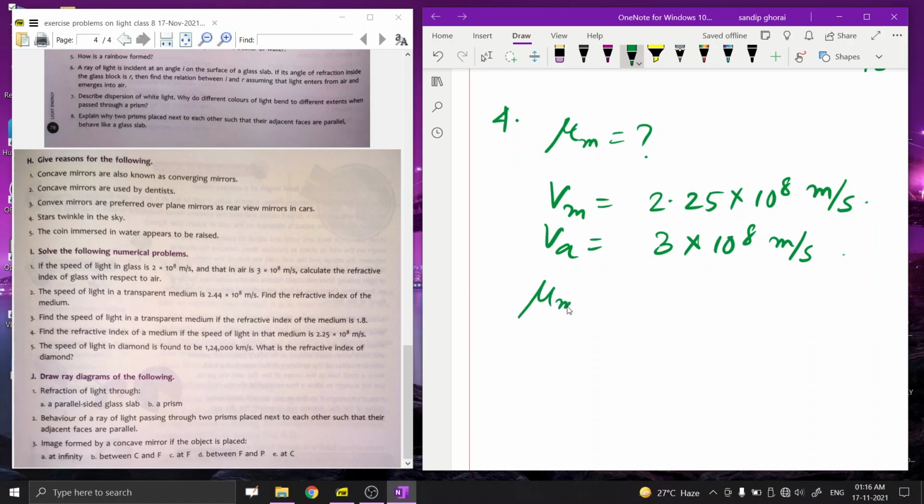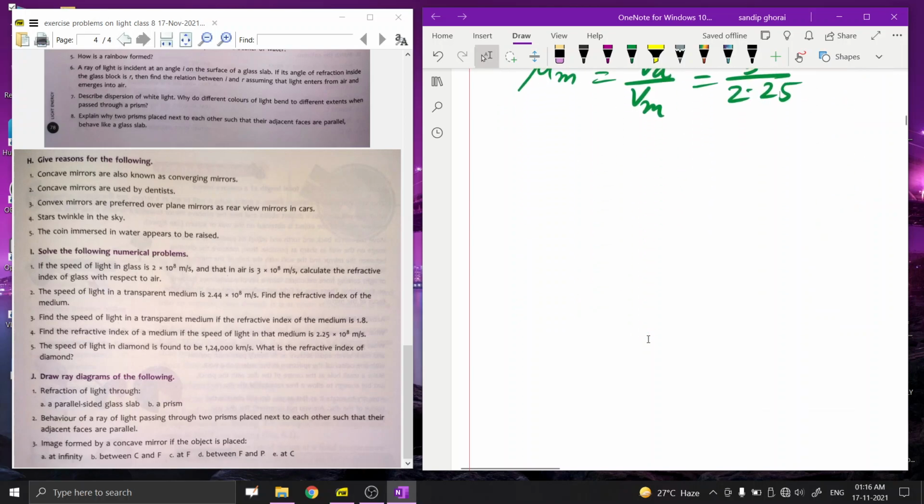So mu m is equal to Va by Vm, that means 3 by 2.25 is the answer.